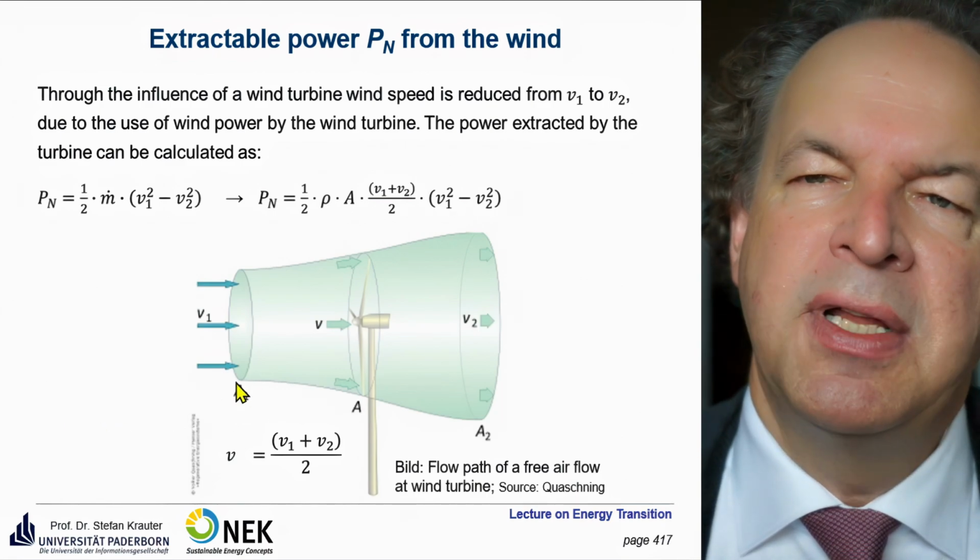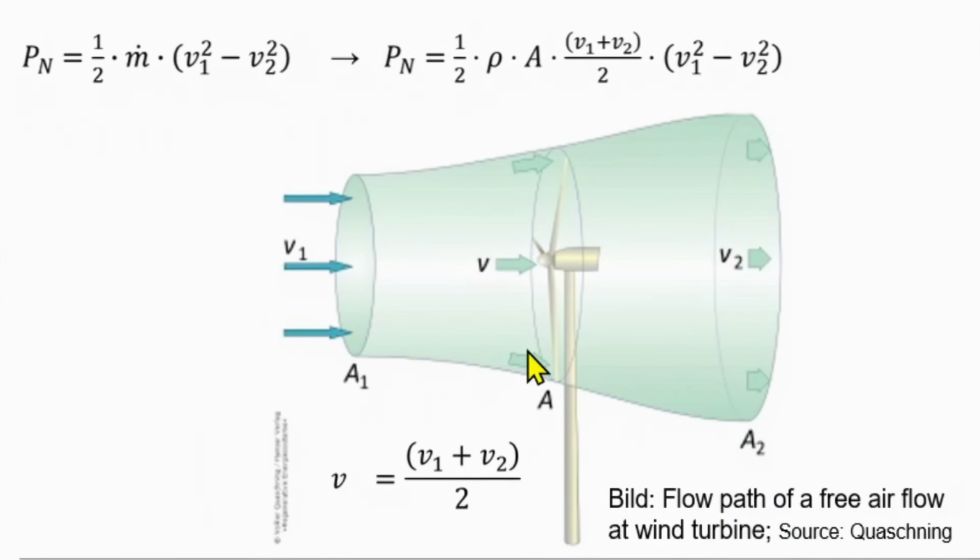So we have wind arriving with the velocity V1 and we want to extract power of it. After the windmill, the velocity is reduced. While it's reduced, it also has to have a bigger area it has to cover. Otherwise, there wouldn't be any continuous flow of air there. The wind speed relevant for the extraction of power is the average between V1 and V2, as a rule of thumb.